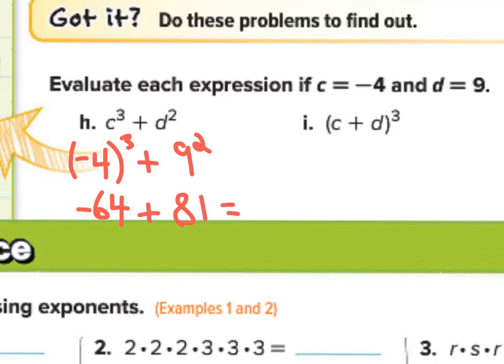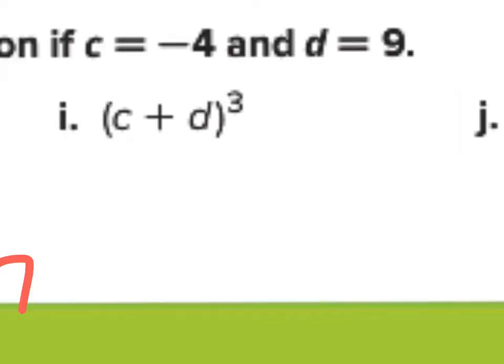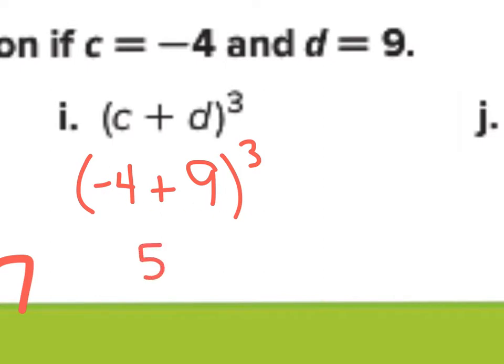And that equals 17. I. Okay, let's replace the variable as we see here, C and D. I have -4 plus 9 equals 5 cubed, right? To the power of 3, and 5 times 5 is 25, times 5 is 125.